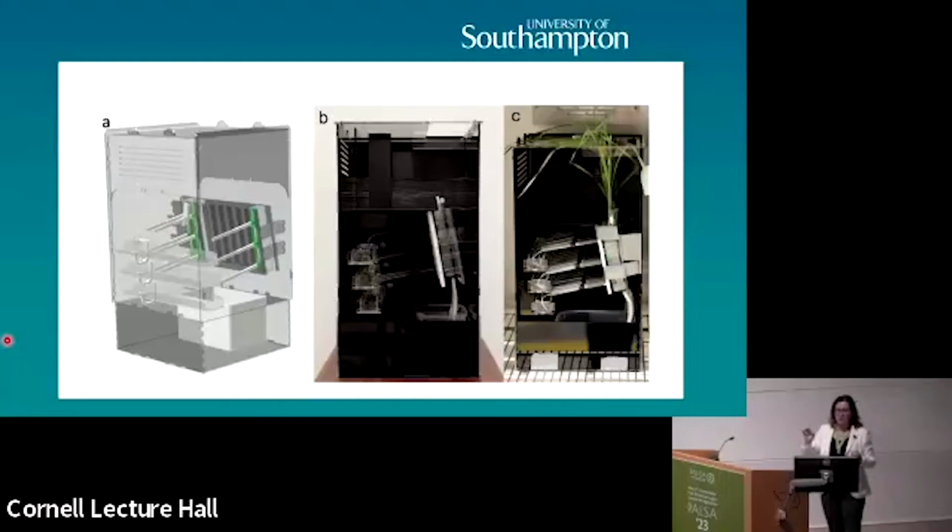Now, we're in an engineering department, and engineering students really like designing different devices. So this is the mycorrhiza imaging assay growth box that we designed. It's designed to fit into aeroplane overhead compartments so that we can travel with it.